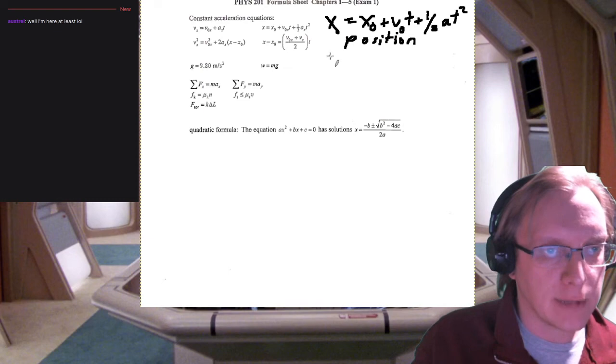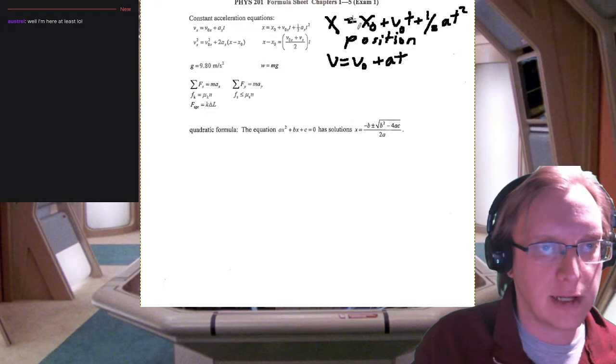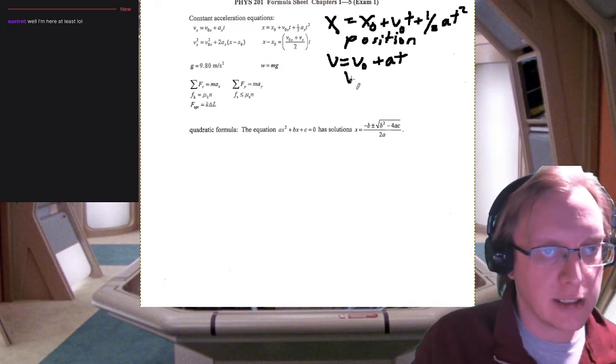The next one I like to go with v is equal to v naught plus at. If you are in calculus, you would notice that v is a derivative of x. This I like to call the velocity formula.